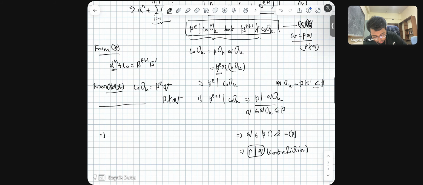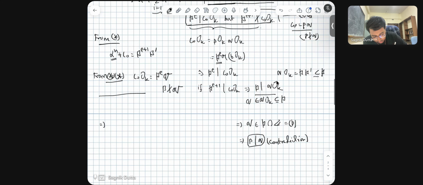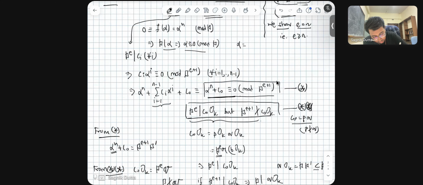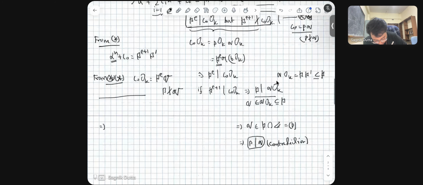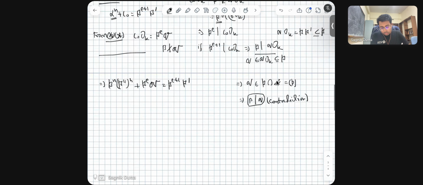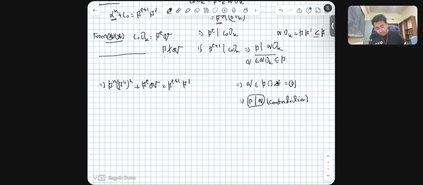If I further write, because P divides alpha, this as P double prime, so this is P to the N, P to the E Q, E plus 1 P prime. Now you notice one thing, this Q is not divisible by P, so there are exactly E many P's here, but there are N many P's here, and E plus 1 many P's here.